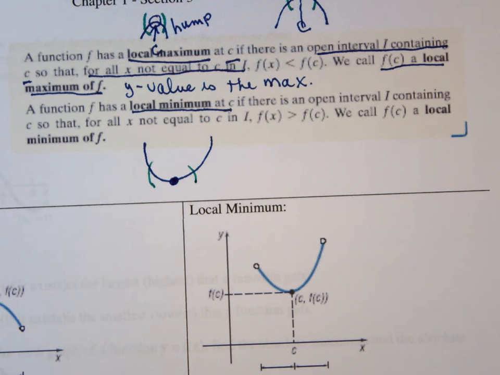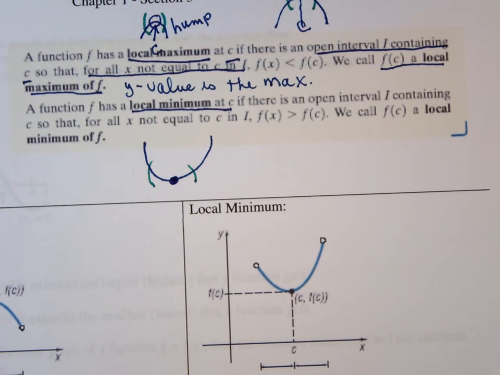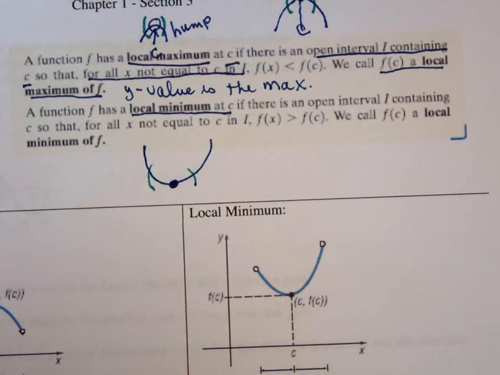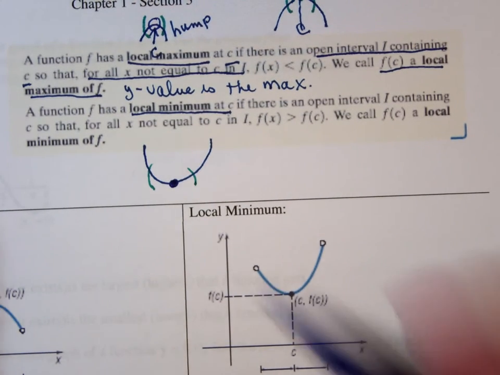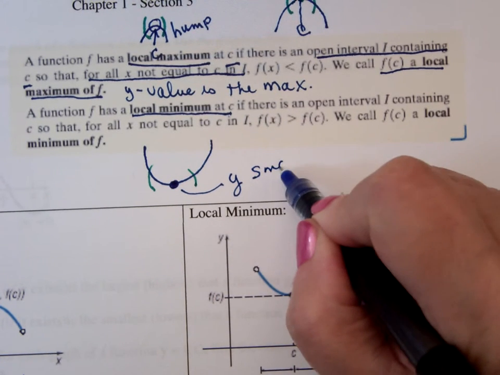Everybody on either side of you is going up, is bigger than you, because you are the smallest of them all. So if you're the smallest, everybody else is bigger. So that's all it's saying. On either side, everything is getting bigger than you. That's what makes you the smallest. And that means that this y is the smallest.